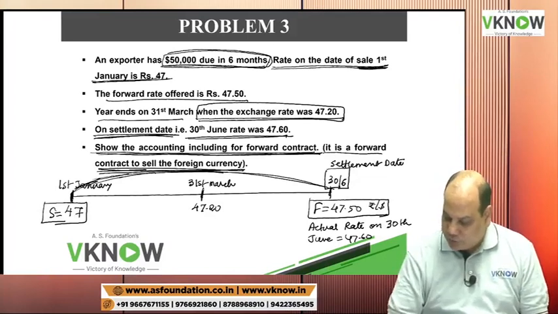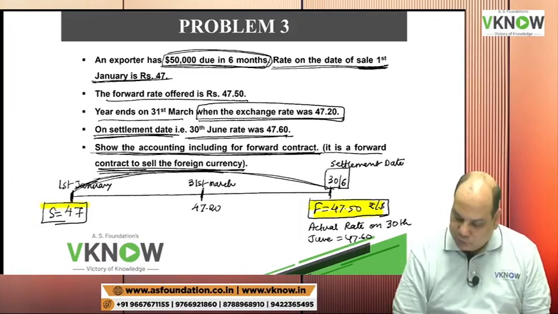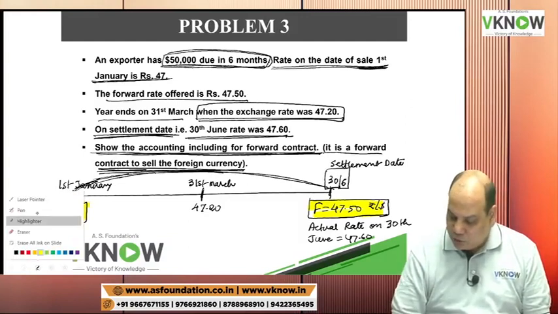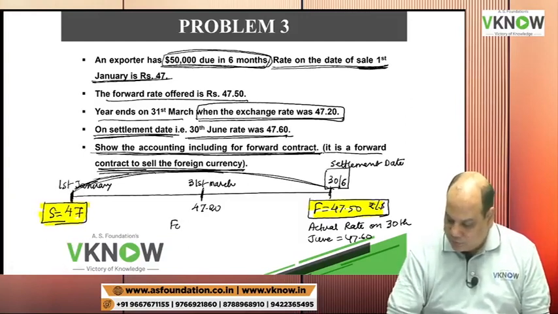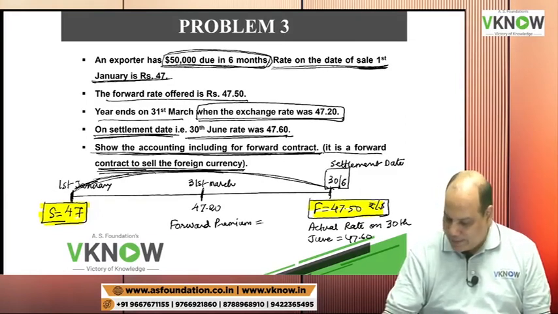So therefore, if you compare this 47.50 with 47, there is a premium of 5 rupees. So the forward premium is 50 paise, 0.50.